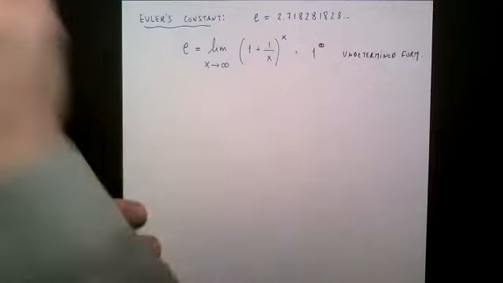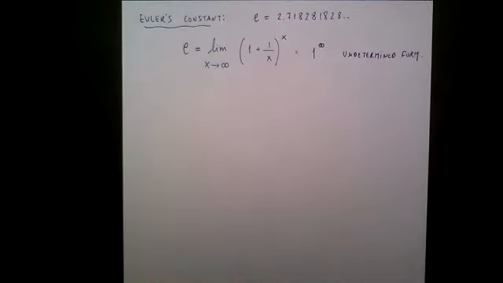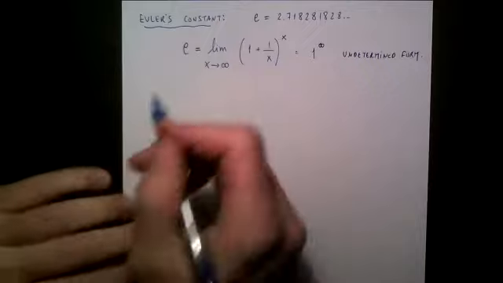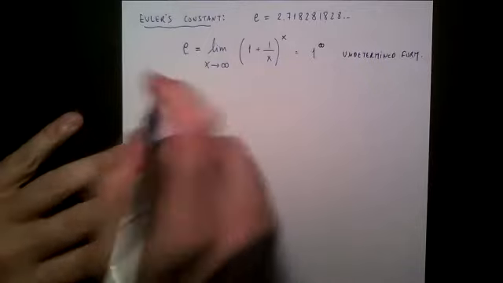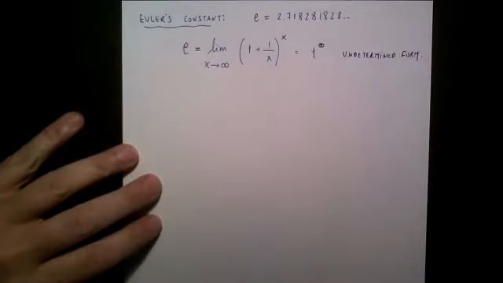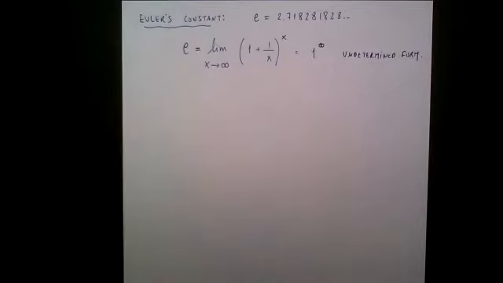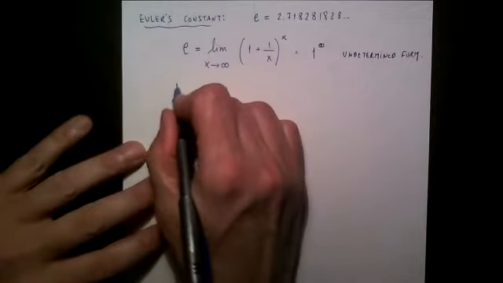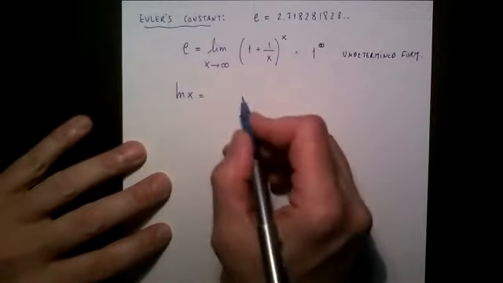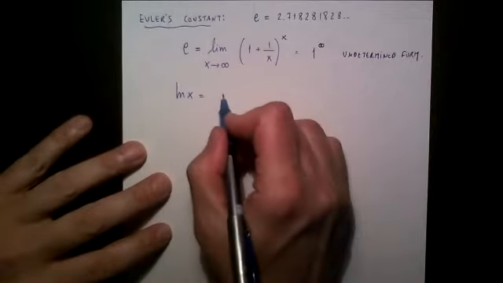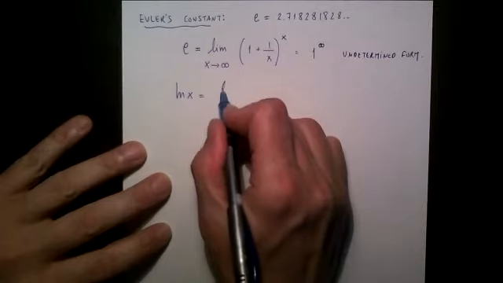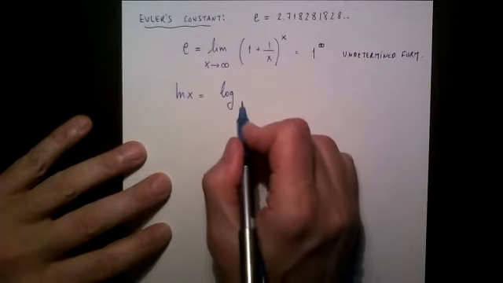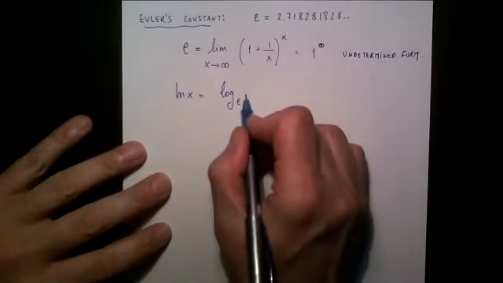Okay, so let's write down the derivatives and then we're going to prove them. Just one thing, you know ln. I didn't tell you what ln is. ln of x is log base e of x.